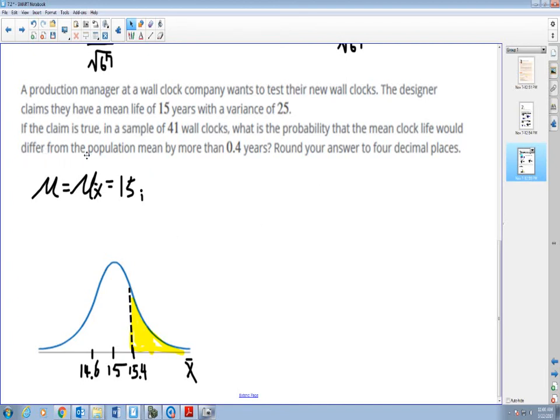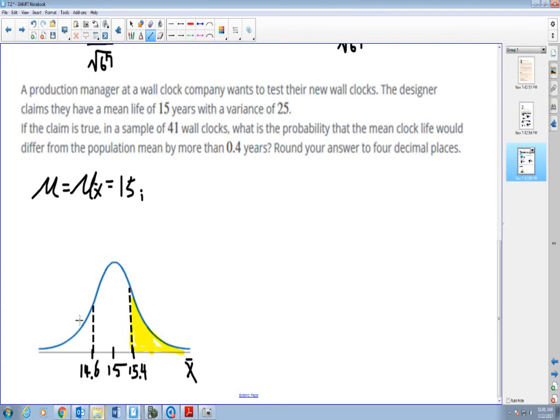Will be differ from the population mean by more than 0.4 years. More than that, this is actually more on the left side of that. It's actually on the left side of that 14.6. That part right there is the more. That's kind of hard to comprehend, because our mind is stuck with more than meaning the area to the right.